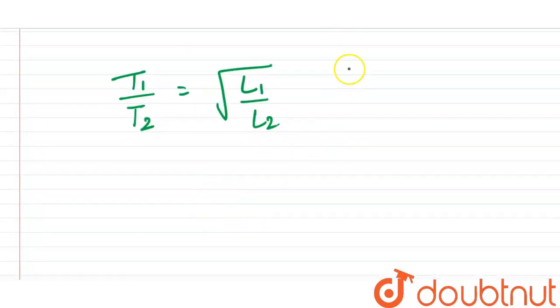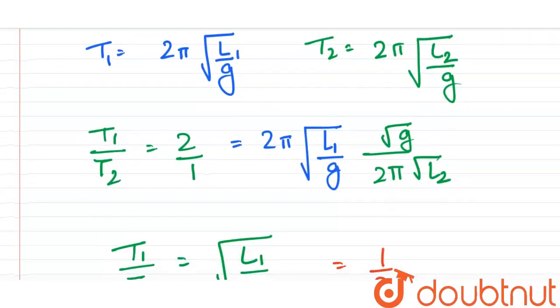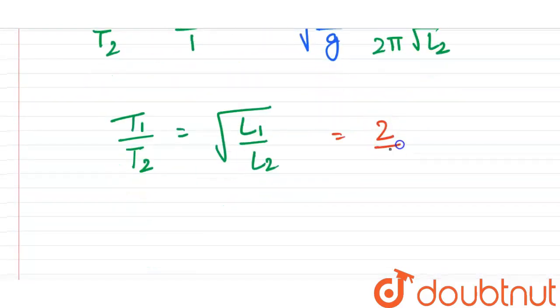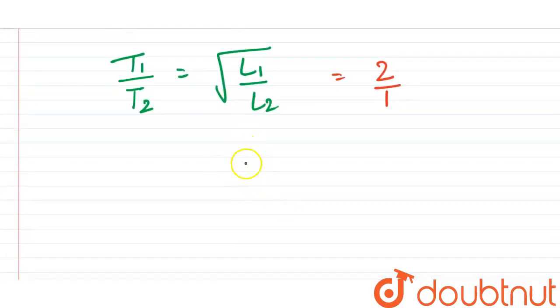Now T1 upon T2 is given to be 2:1. So from here L1 upon L2 will be equal to 4:1.